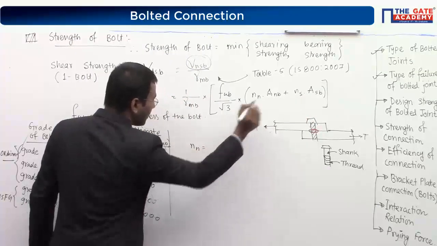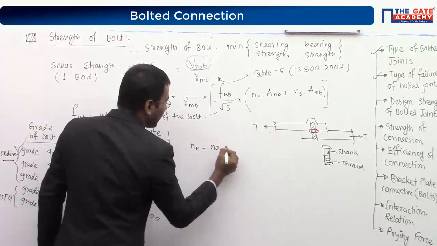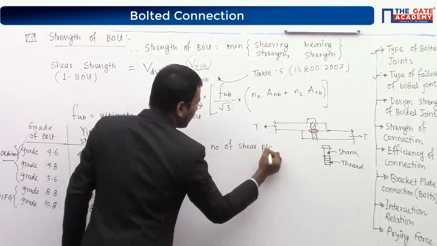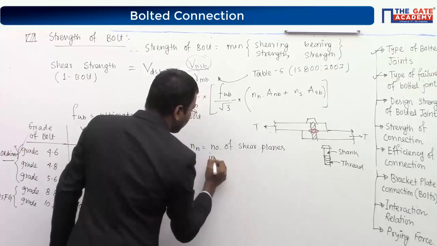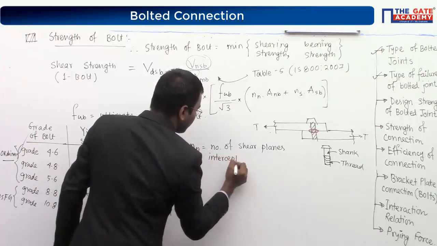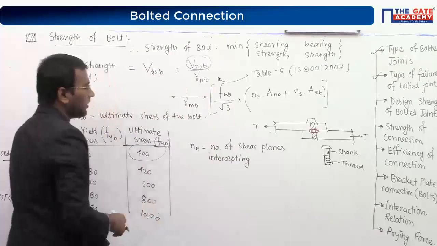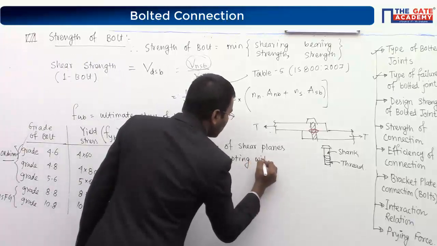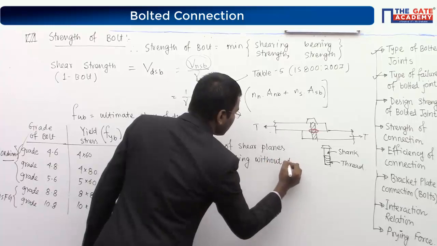Nn is nothing but the number of shear planes intercepting the thread, without shank.